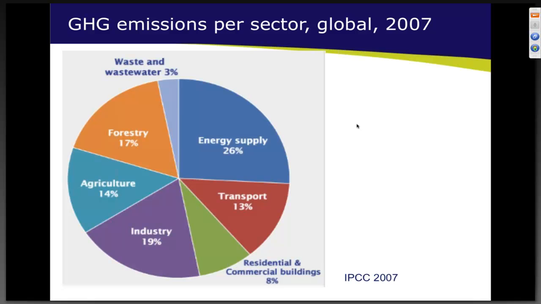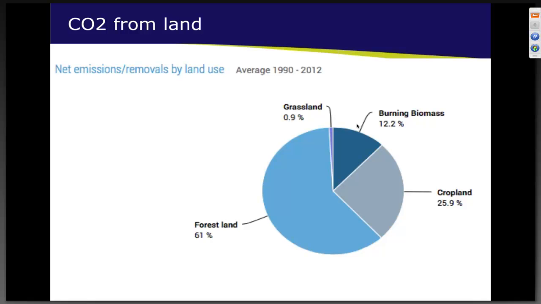This is an old graph, numbers from 2007, but it was a clear one, seeing that agriculture worldwide is a serious source of greenhouse gas emissions. Not the biggest one, but not the smallest one either. And if you look at what comes out of the land, that is land use, you can see that forest land, the deforestation, clearing of forest, is the major source of CO2 emissions from the land, and burning biomass too, but agriculture still is a quarter of those emissions.